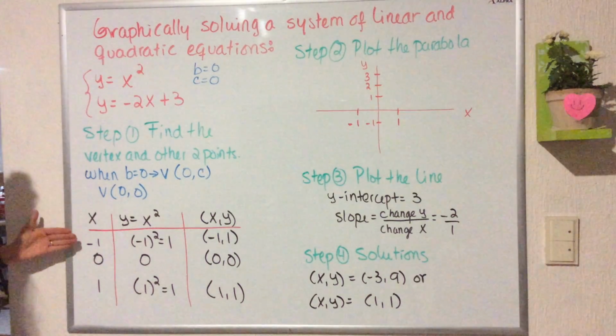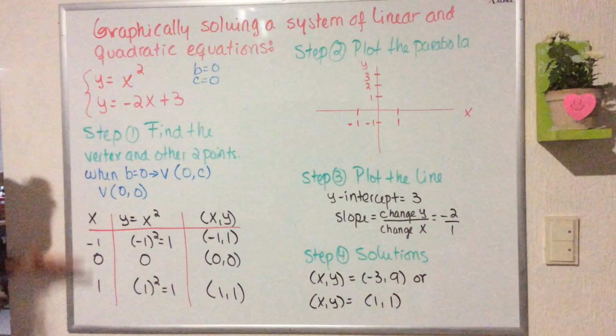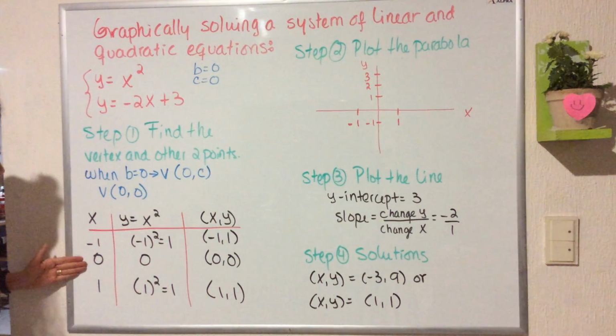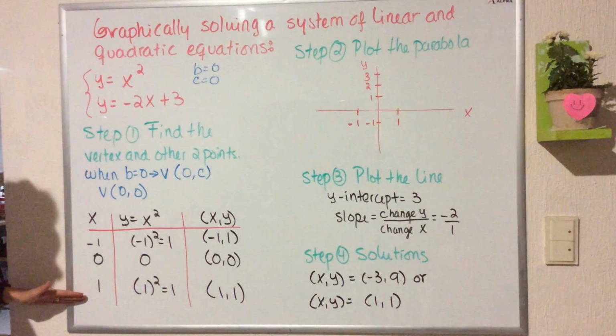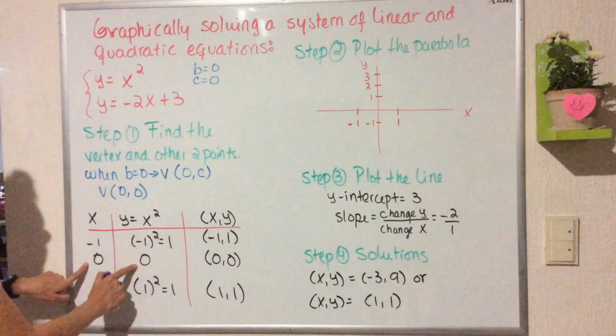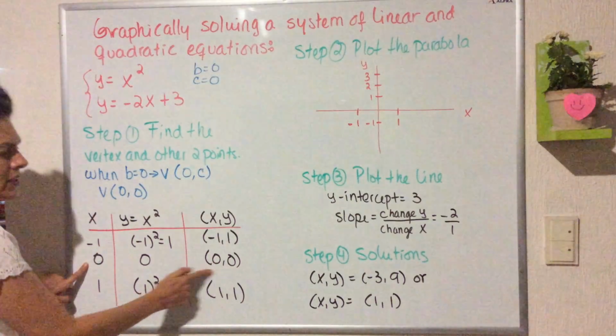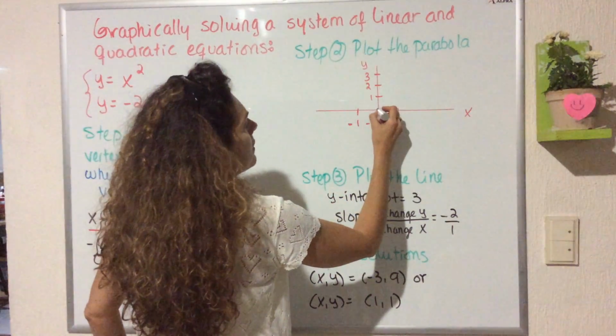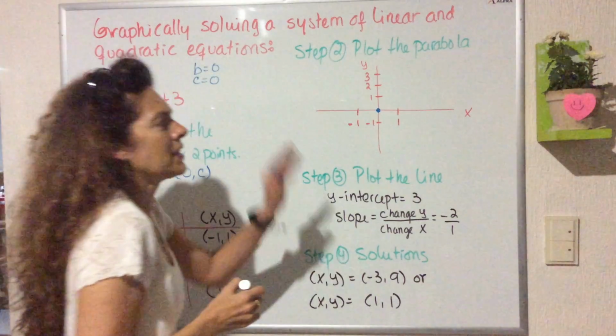Then we select other 2 values, one smaller than the vertex and one greater than the vertex. So in the vertex we have x equals 0 and y also 0, so the point is at the origin. Let me plot it here in the coordinate plane. So the vertex is going to be exactly at the origin.